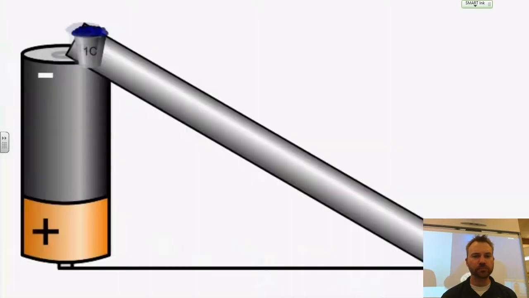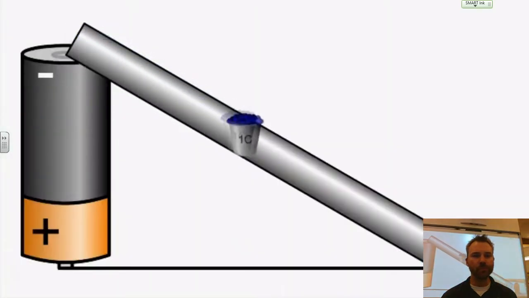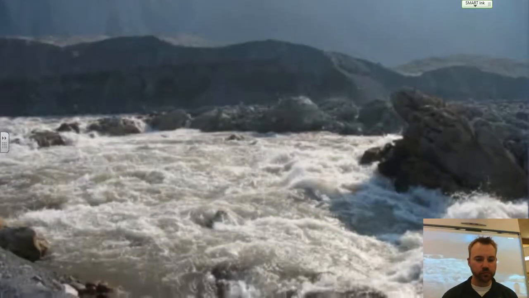So electrons will tend to flow from the higher potential down to the lower potential. And the greater potential we apply, the more the electrons will flow, the greater the current will get. In a very similar way to the river. The greater the difference in height in the river, the more the current will flow.